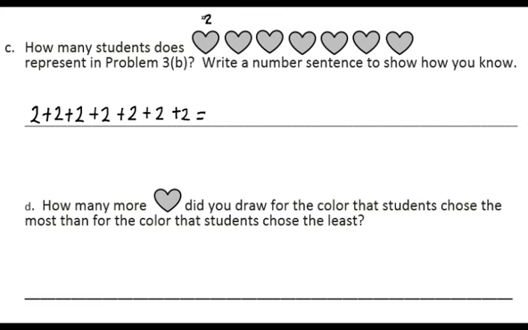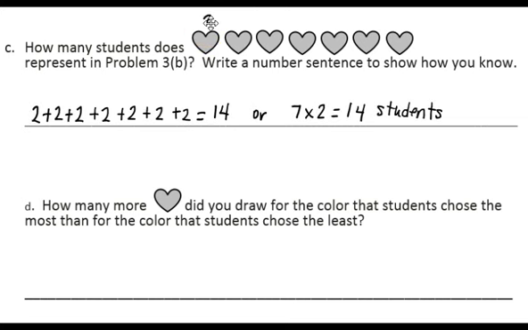That would give me my 7 hearts. Each heart represents 2 students, so that would be a total of 14 students. Or I could also write it as 7 times 2, or 7 groups of 2, would equal 14 students.